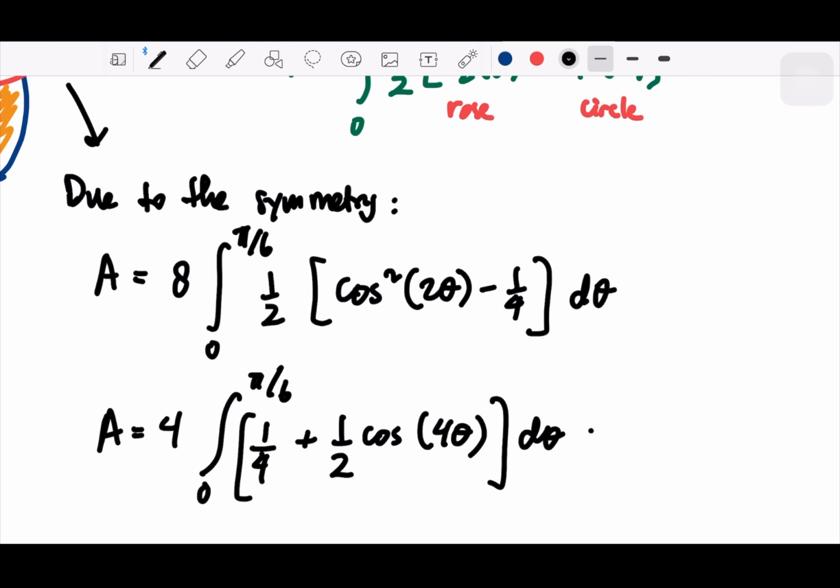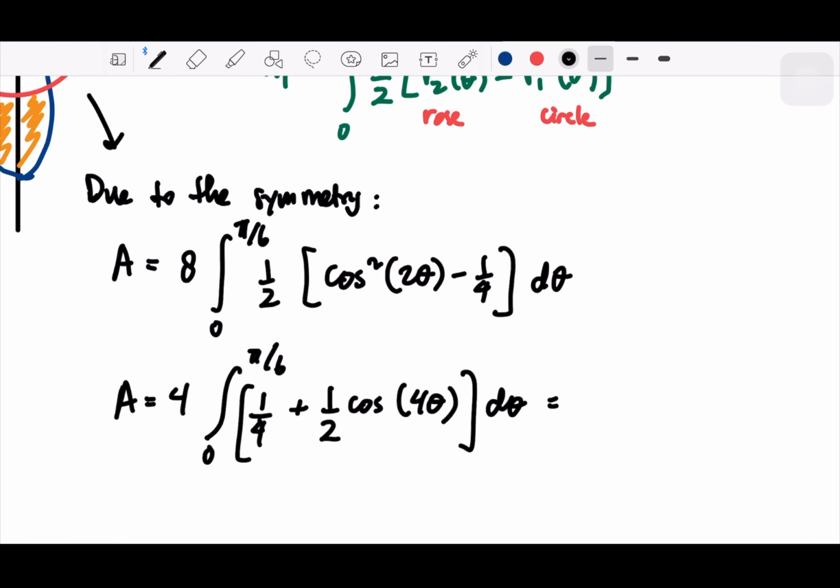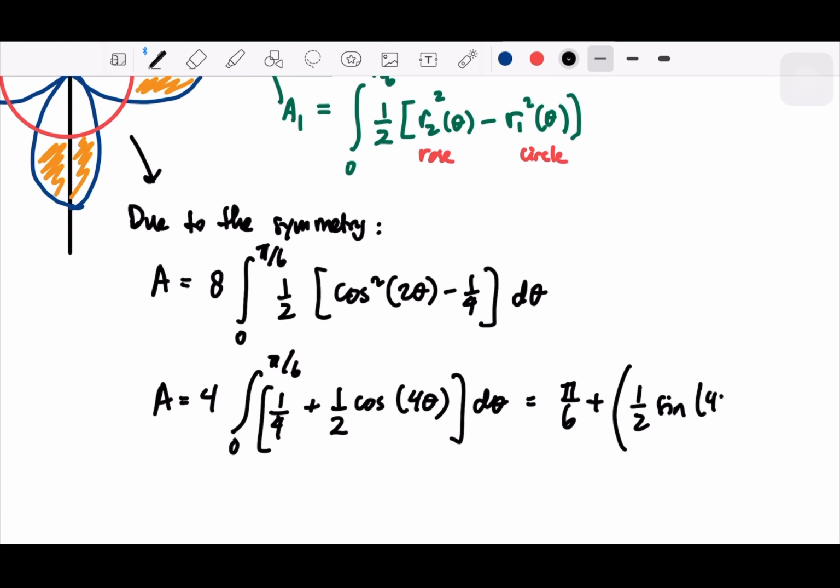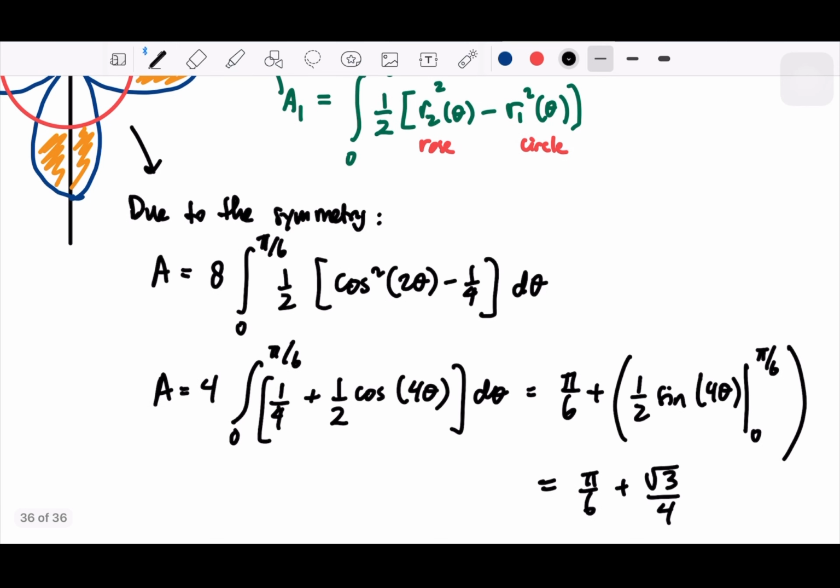And then this will turn out to be pi over 6 plus half sine 4 theta. Or this should be 4 over 6, pi over 6 plus square root of 3 over 4. Okay, I'm skipping some process, but it should be the same result.